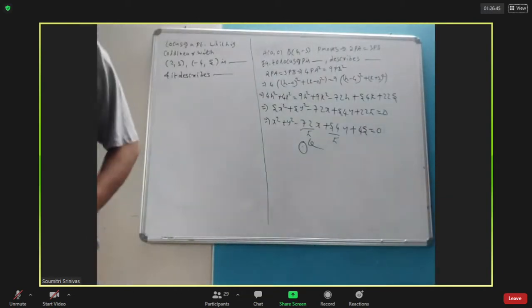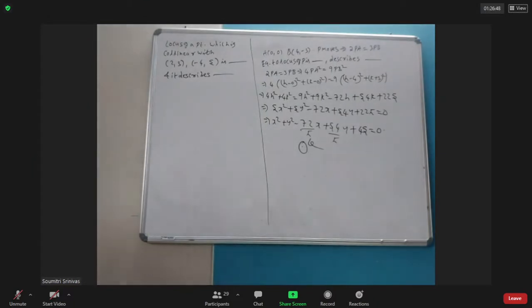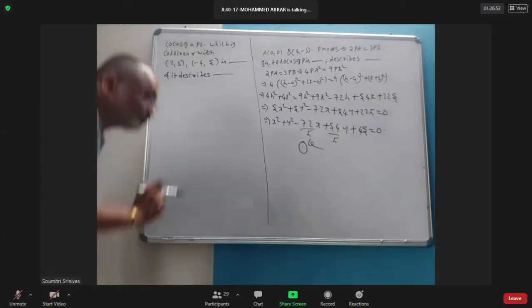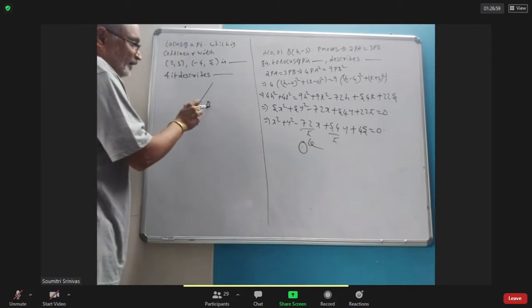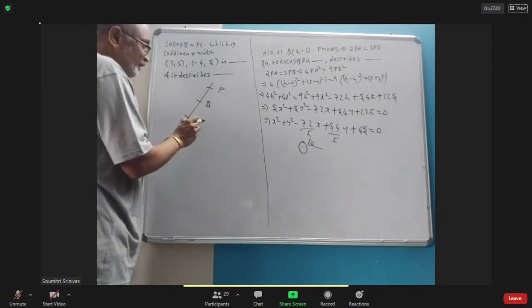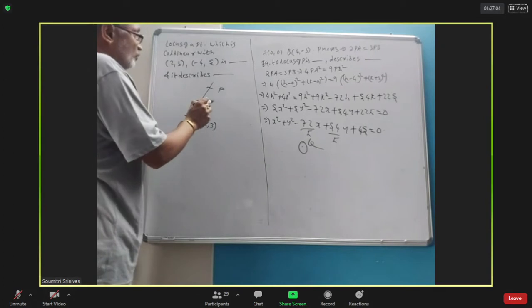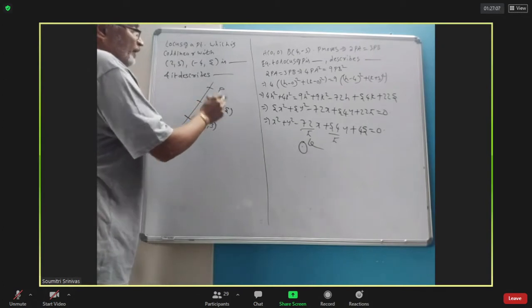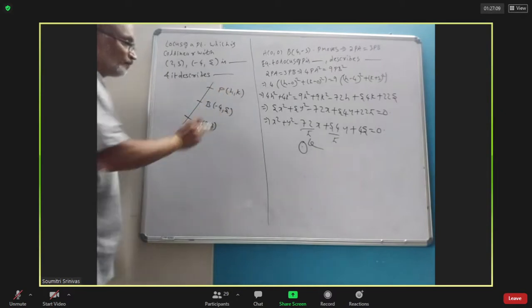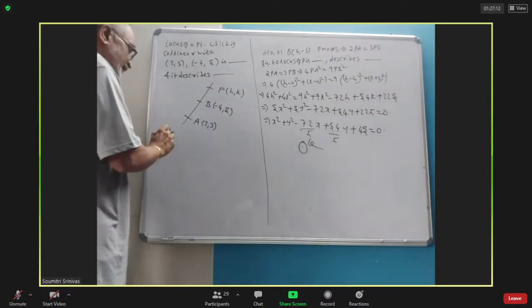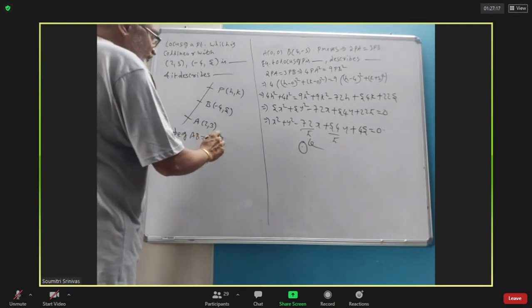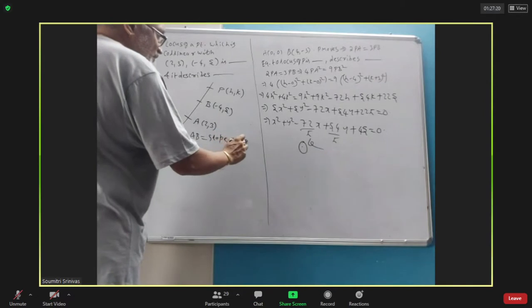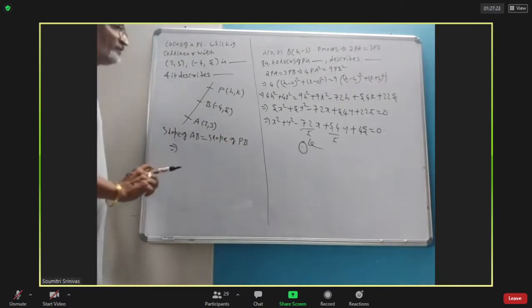I said slopes are equal. Whenever slope is zero, slopes are equal. Call A, call B, call P. Slope of AB, slope of PB, come on, give the answer.